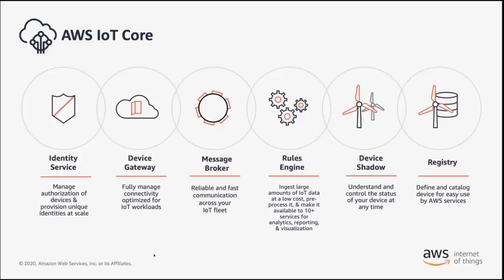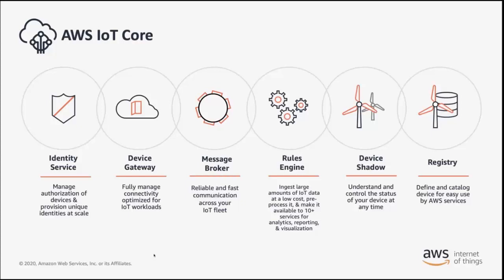Once a device is onboarded and registered with the AWS IoT Core, then you can attach a fine-grained policy to restrict what the device can do. For example, what topic it can subscribe to, or what topic it can publish to. Because in the field, we have a variety of devices. You want to have that fine-grained control on how devices can communicate with each other.